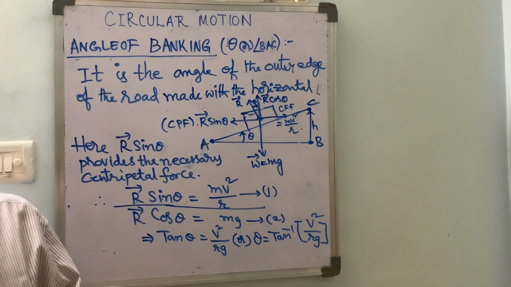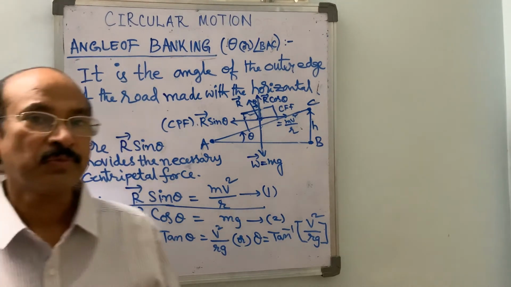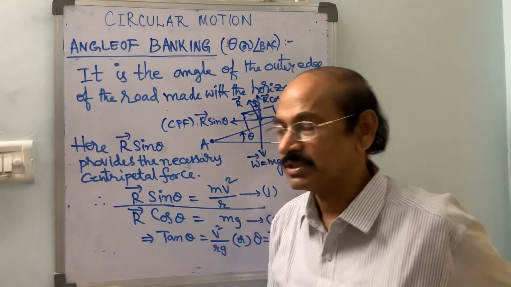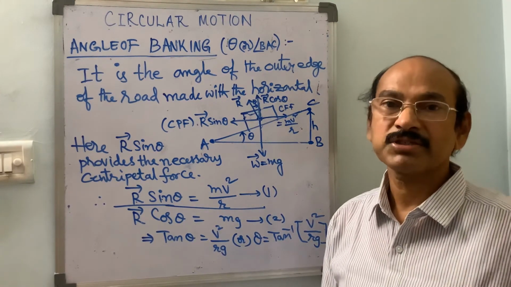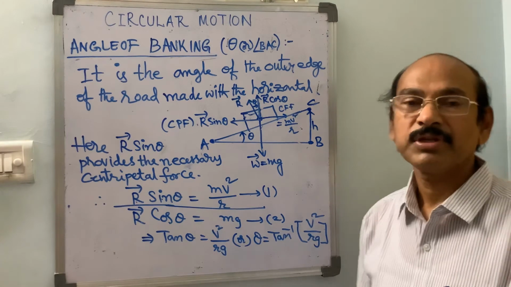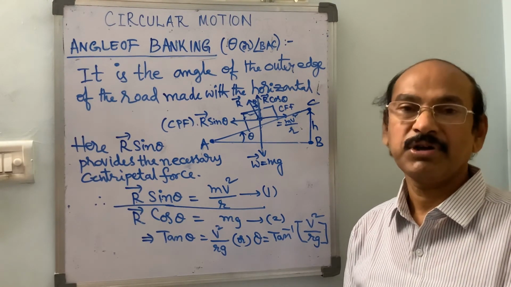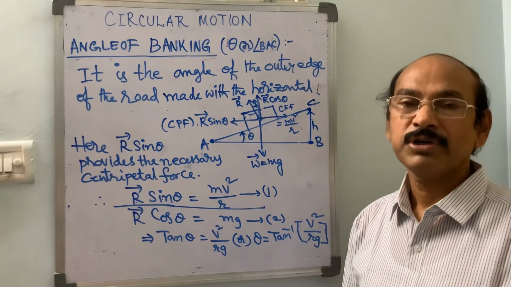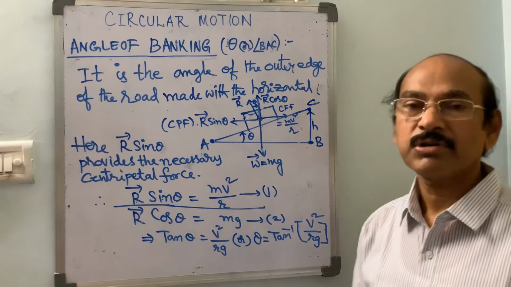In circular motion, we derived the relation between linear velocity and angular velocity omega: v bar is equal to r bar into omega bar, that is, v equals r omega.